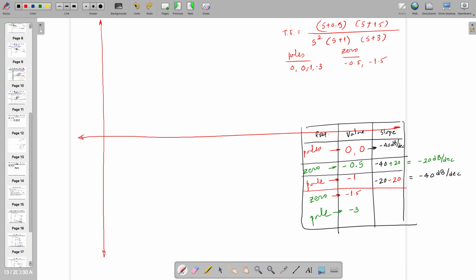What about this zero? Plus or minus? Plus 20. So this is going to give you minus 20 dB per decade. This pole, minus 20, will give you minus 40 dB per decade. Yes. Is there any problem in calculating this slope at a given frequency?